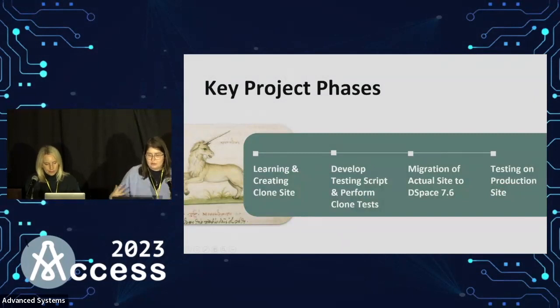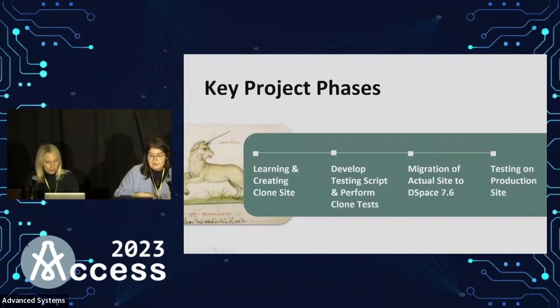The first was learning and creating a clone site. We wanted to leave time for our developer to learn Angular, which was really important to us. We also wanted to leave time for us to learn the new features available on the repository manager side, because they are very different, and to make sure they had time to create a clone site.